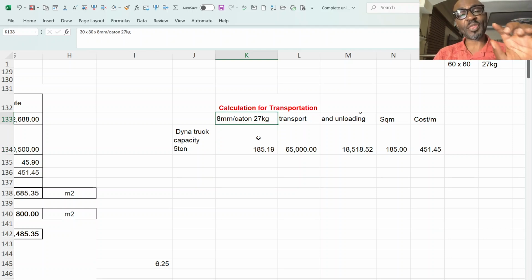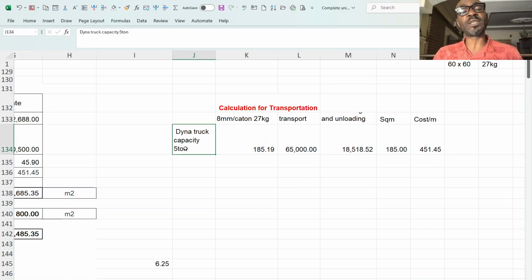With 8mm tile thickness, 1 square meter weighs 27 kg. So if it weighs 27 kg and you're using a 5-ton truck, you divide your 5,000 kg by 27 kg, and it tells you how many packs the truck can carry.